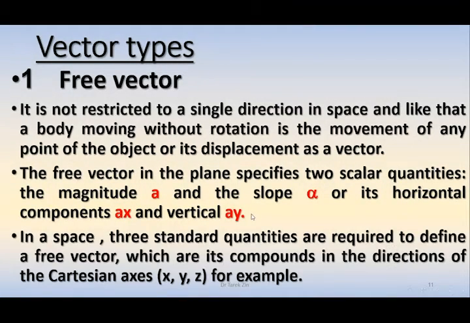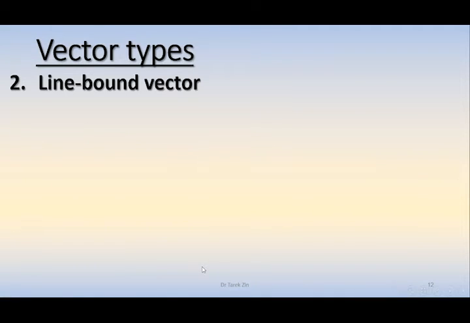The other one, if you are going to analyze it or get it in space, you have to have three quantities. Here two quantities are required, magnitude and angle, slope. Here, magnitude and two angles, because you have x and y and z.